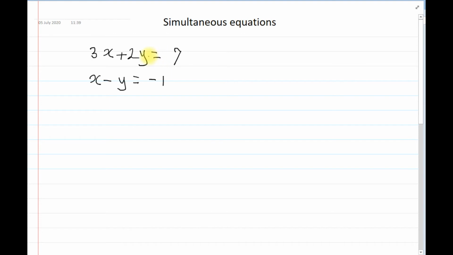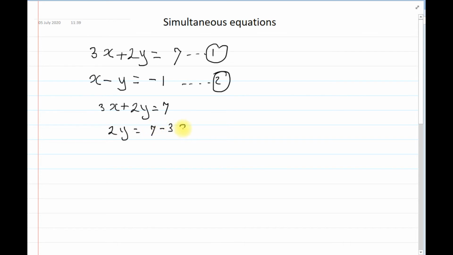Now let's look at this. If I try to make y the subject of the formula from equation 1, let's designate this equation 1 and equation 2. I would write 3x plus 2y is equal to 7. Then 2y is equal to 7 minus 3x. Then y would be equal to 7 over 2 minus 3 over 2 x.